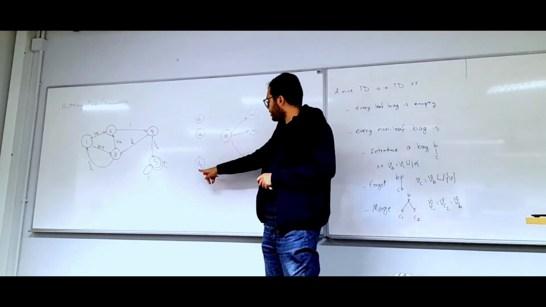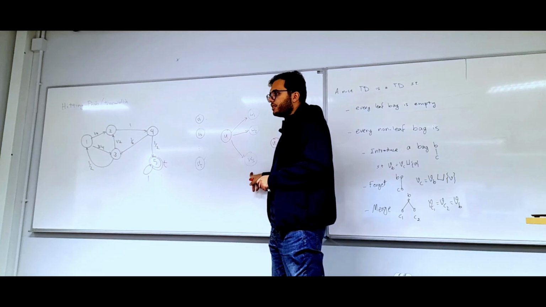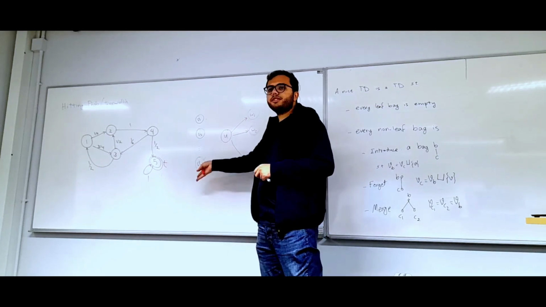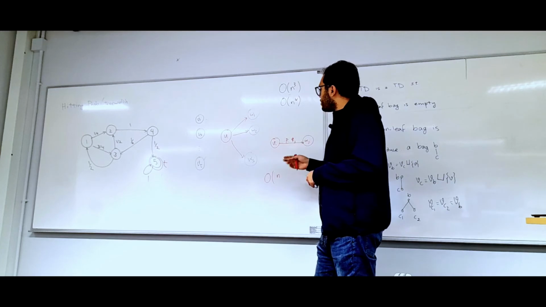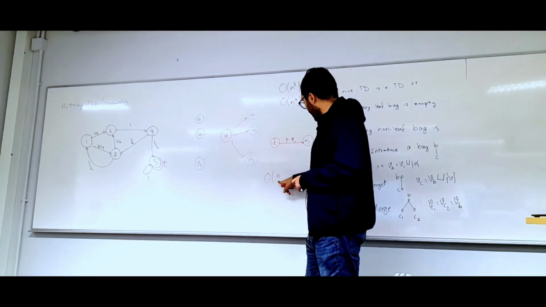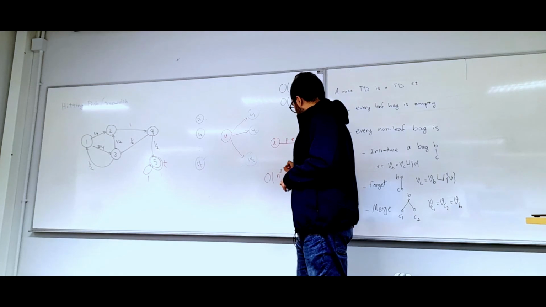But t was the number of predecessors and s was the number of successors. In the worst case, I might have n predecessors and n successors. So in the worst case, each removal takes n squared time, and I'm doing n removals, so it's n cubed.